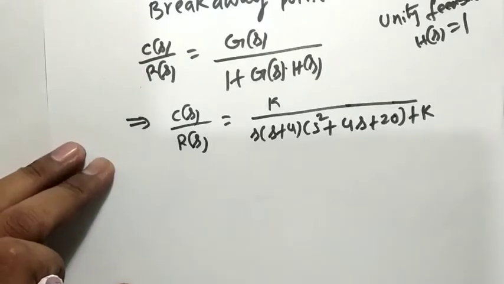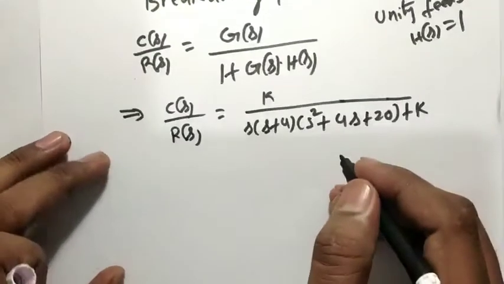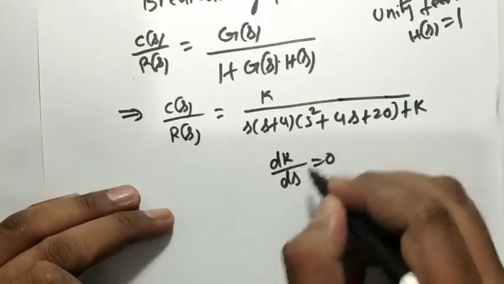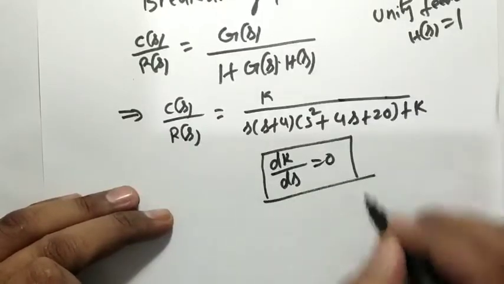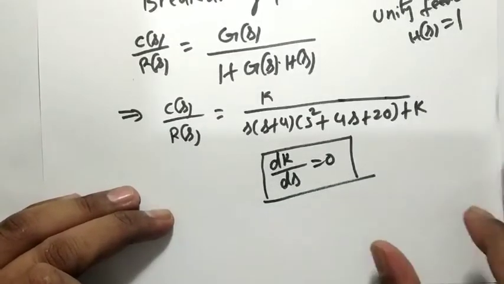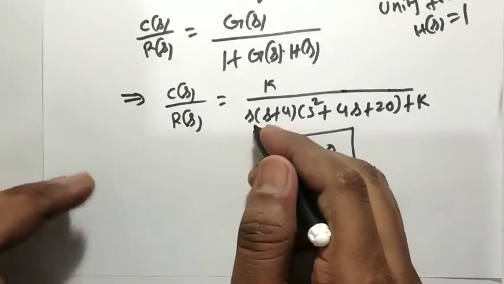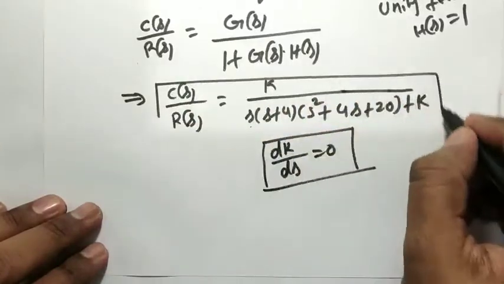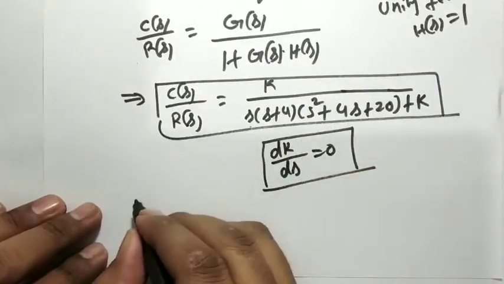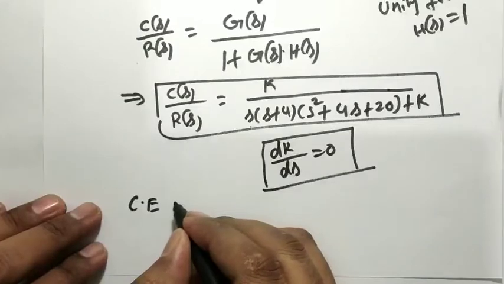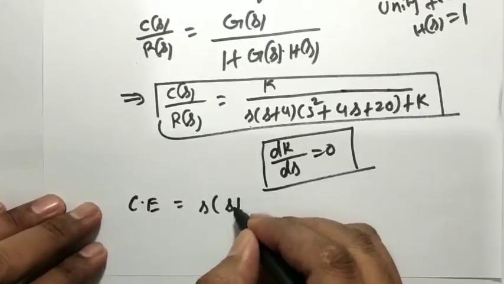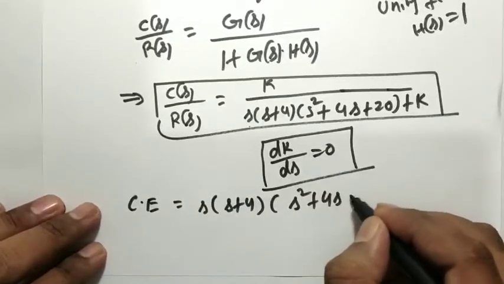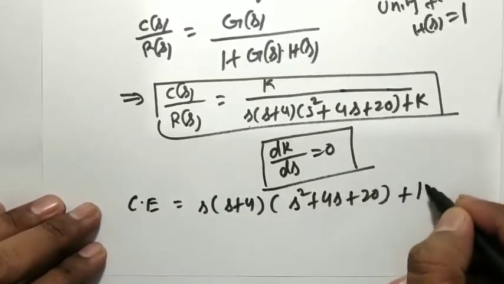To find the breakaway point, the equation is dk by ds is equal to 0. From this equation only you have to find the root locus, right? So what is the characteristic equation here? Your characteristic equation from this transfer function is s into s plus 4 into s square plus 4s plus 20, plus k.